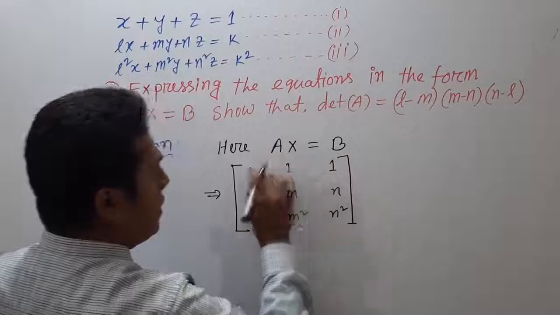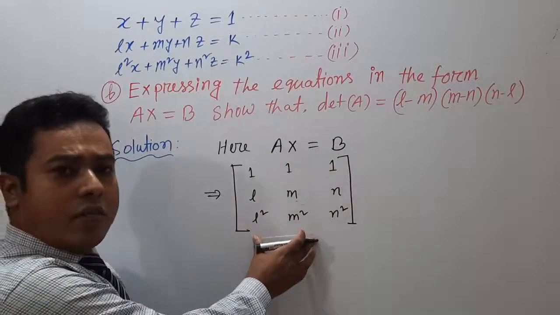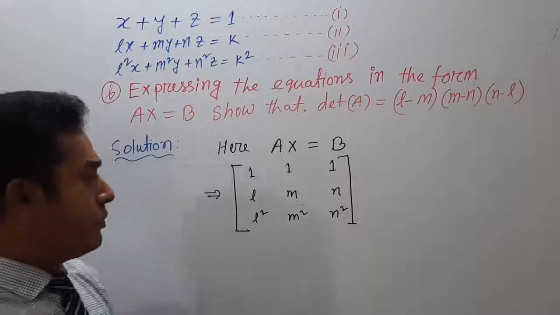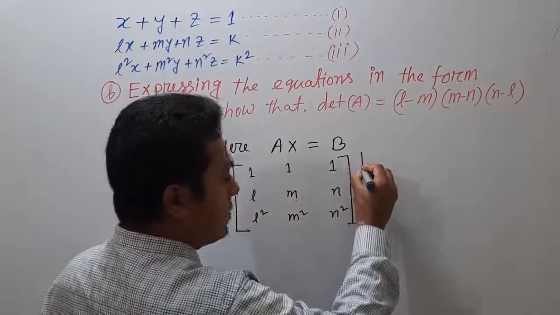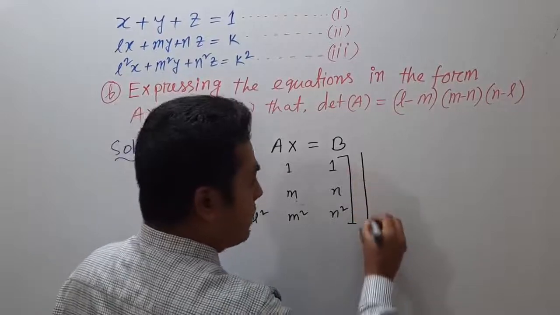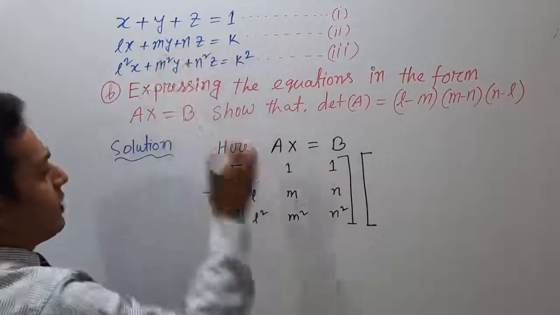A will be the matrix created by the coefficients of x, y, z. Now X is another matrix created by the variables of this equation, x, y, z.